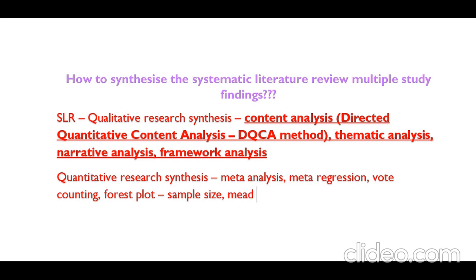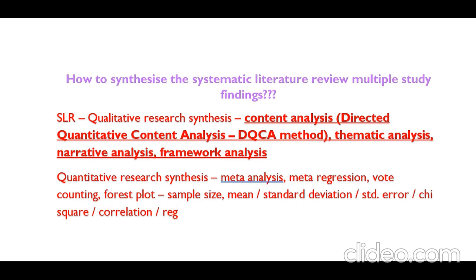Then the study may have mean, standard deviation, standard error, chi-square, and the outcome results may be in the form of correlation, regression, odds ratio, risk ratio, and scale measures.